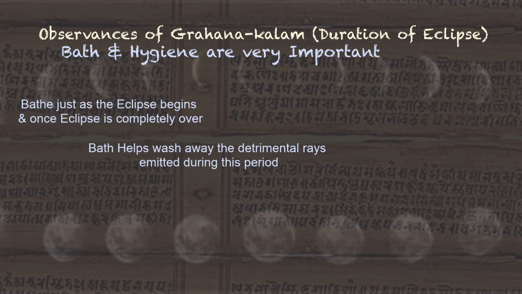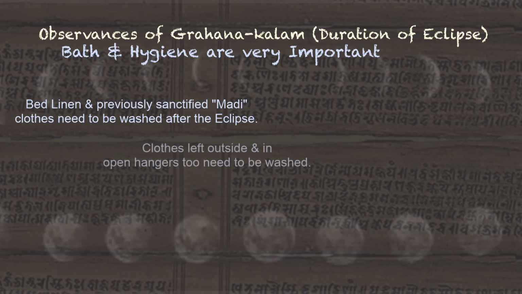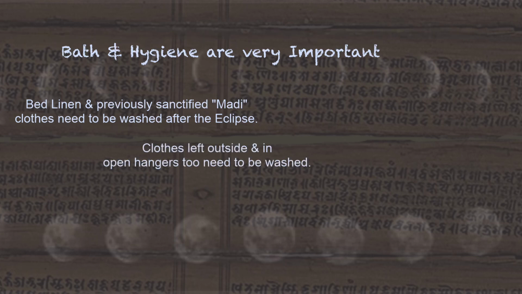The bath before the onset should be had with the day clothes on, since these clothes may already carry some of the rays emitted prior to the Grahanam. Similarly, all bed clothes and muddy or clothes sanctified earlier will need to be washed after the Grahanam. Clothes left in hangers outside the cupboards also need a wash.